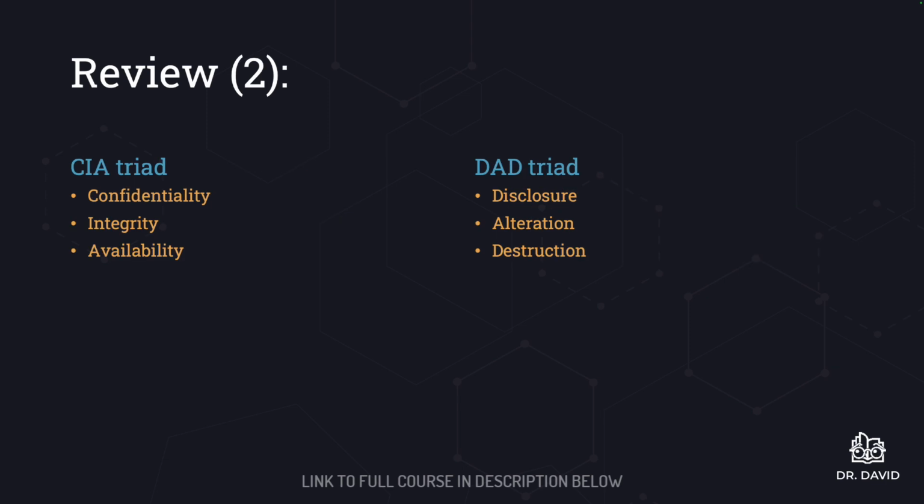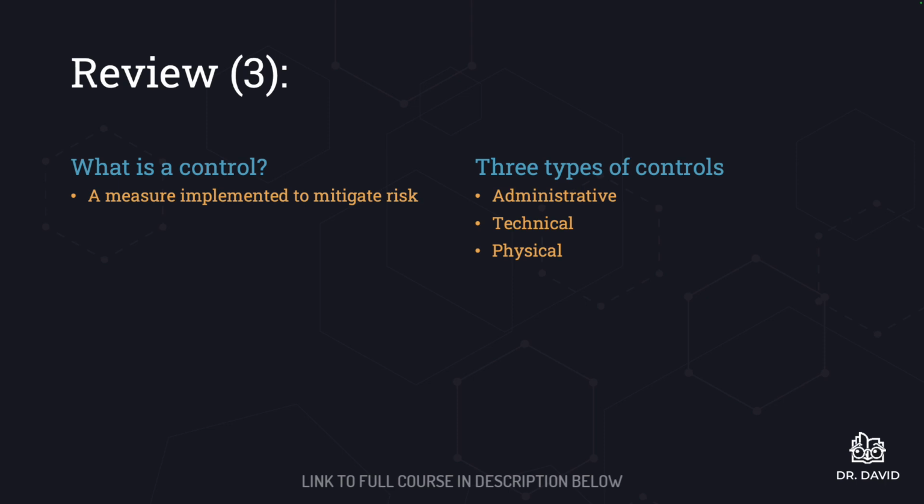Again, CIA stands for confidentiality, integrity, and availability. And as a point of contrast, we looked at the DAD triad: disclosure, alteration, and destruction. Remember that a control is a measure implemented to mitigate risk. And three types of controls are administrative, technical, and physical.